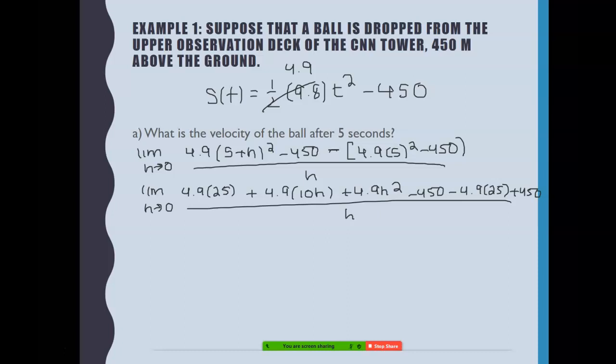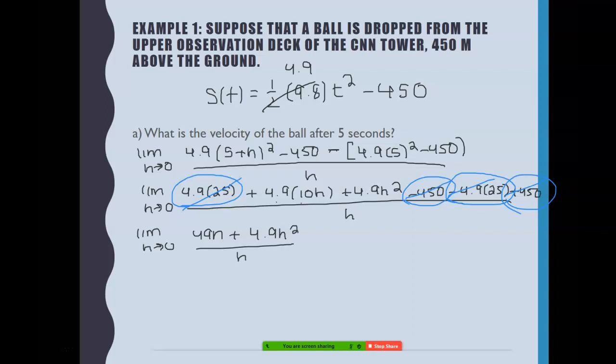The reason I didn't actually get out a calculator and multiply anything is because you have 4.9 times 25 minus 4.9 times 25, so those cancel. And then you have plus 450 minus 450, so those cancel. And you are left with the limit as h approaches 0 of 49h plus 4.9h squared, all over h.